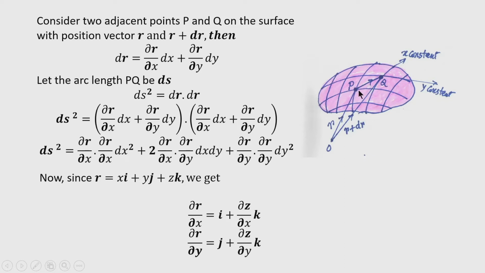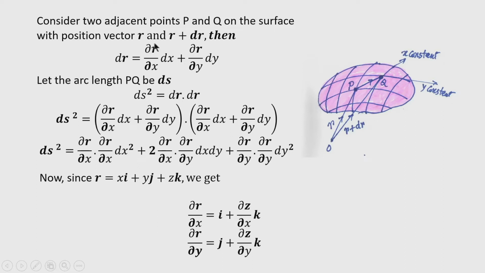Now, let us see if I can express dr, the small distance from P to Q, with the help of the derivative of the position vector, then we will be able to find the arc length. So, we can write the vector dr equal to del r by del x into dx plus del r by del y into dy, where the vector r is partially differentiated with respect to x, and here with respect to y.